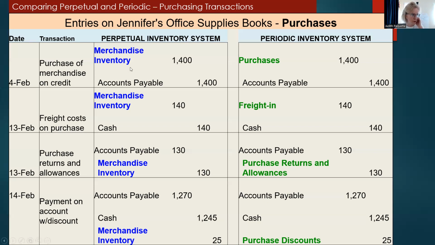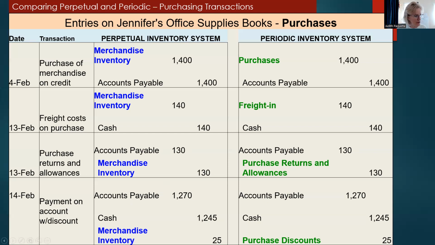Okay. So purchase, debit inventory, credit accounts payable, freight in, debit inventory, credit cash, returns, you're just reversing your first journal entry, debit accounts payable, credit inventory, and then your prompt payment, debit accounts payable in full for what you owe.